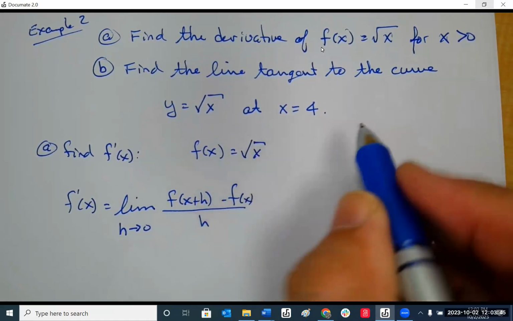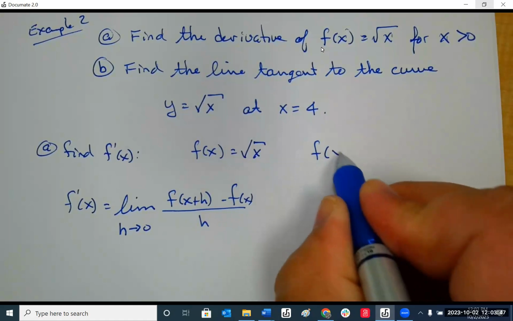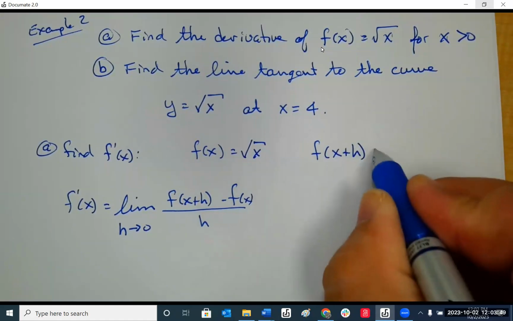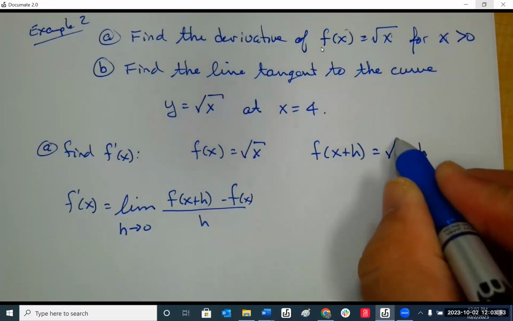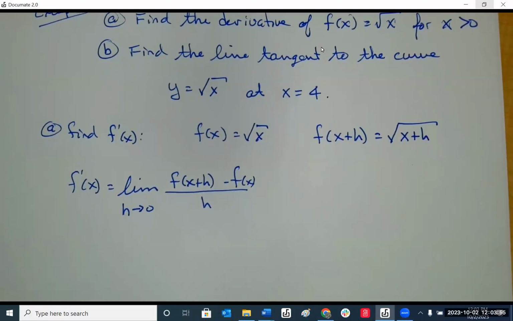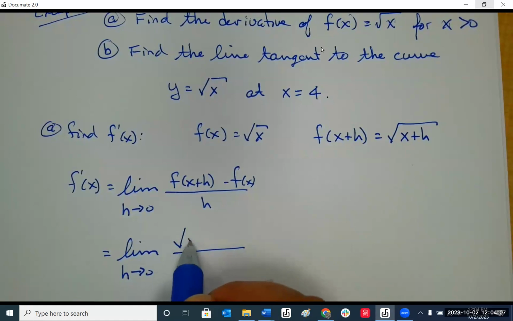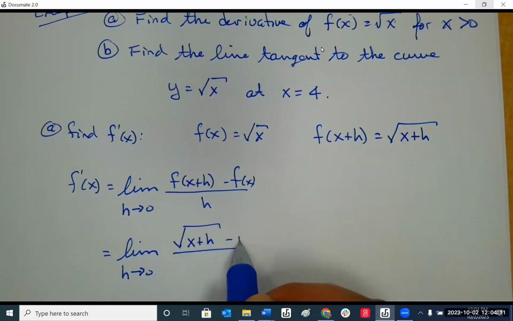That's the square root of x. We need x plus h. The square root of x plus h minus square root of x divided by h.